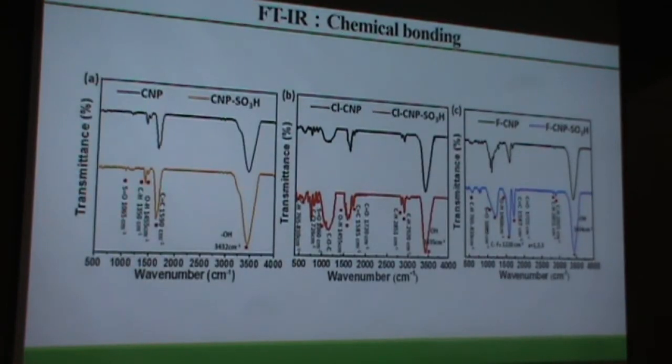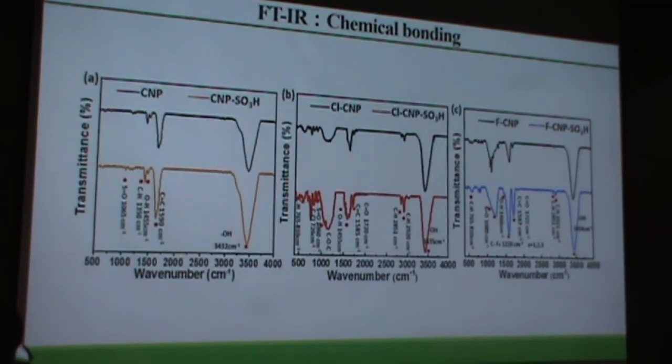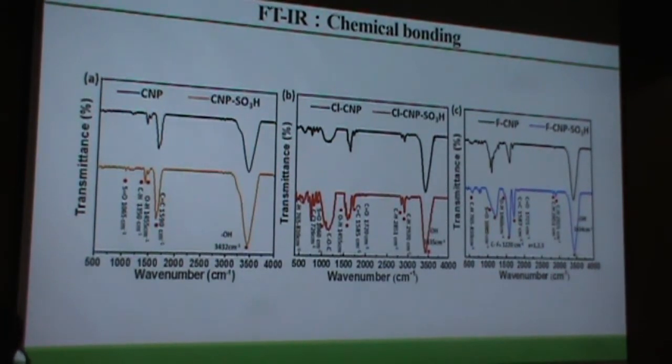We use the FTIR to check the chemical findings on the carbon before and after sulfonation. Before sulfonation, different from the toluene as the precursor, the Cl-doped and F-doped carbons all show the corresponding chemical bondings on the carbon, the carbon-Cl and the carbon-F.